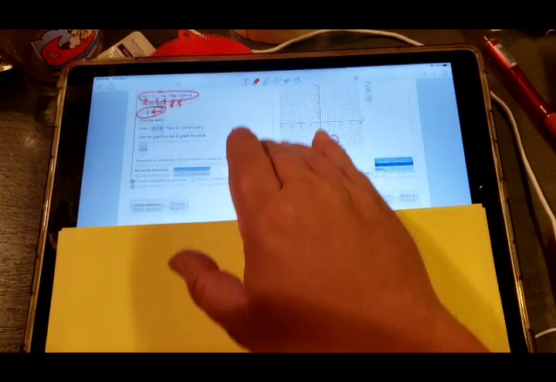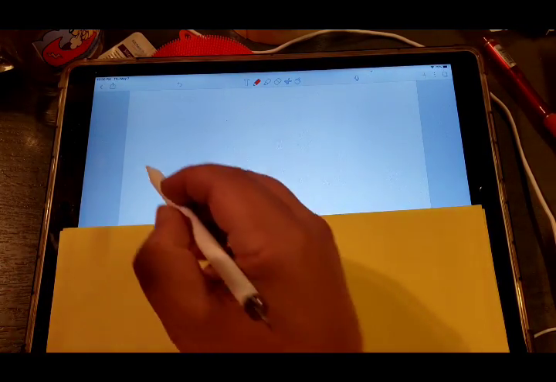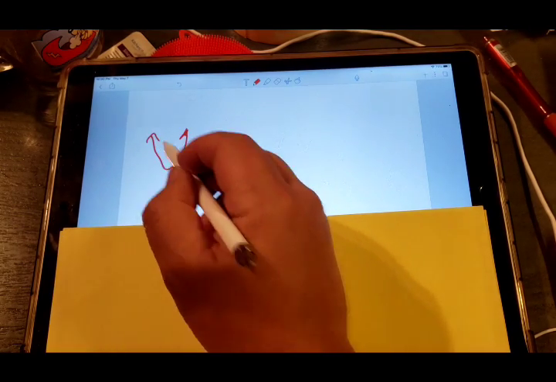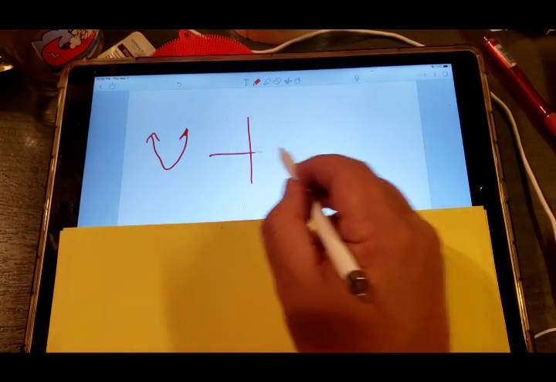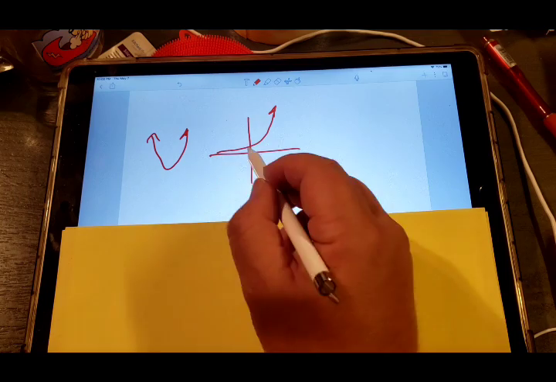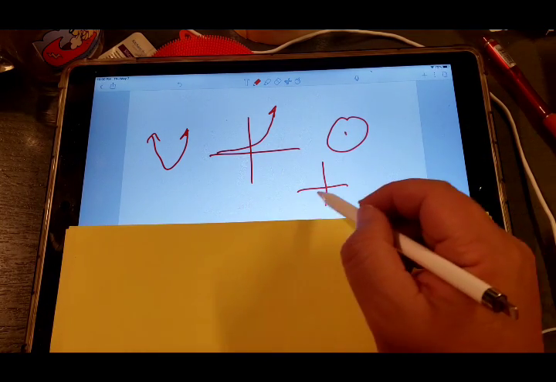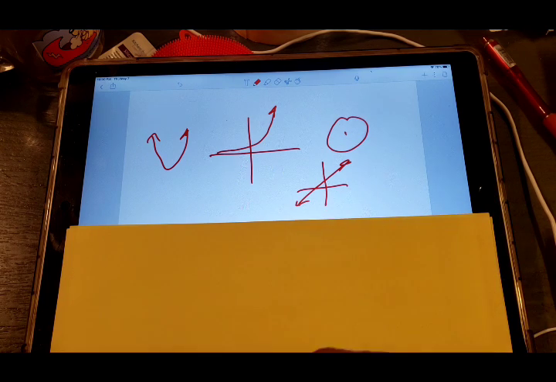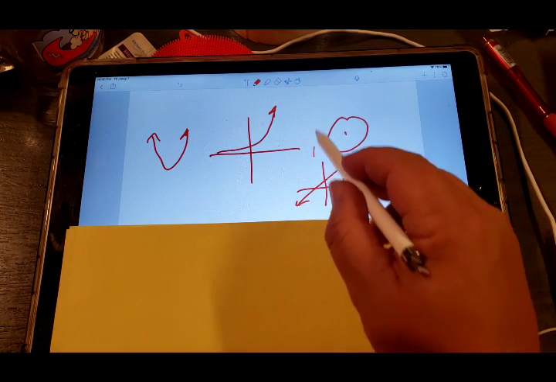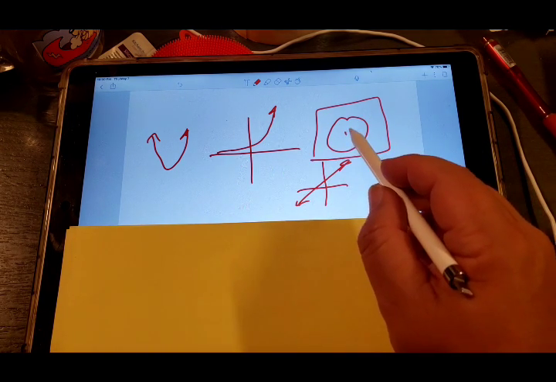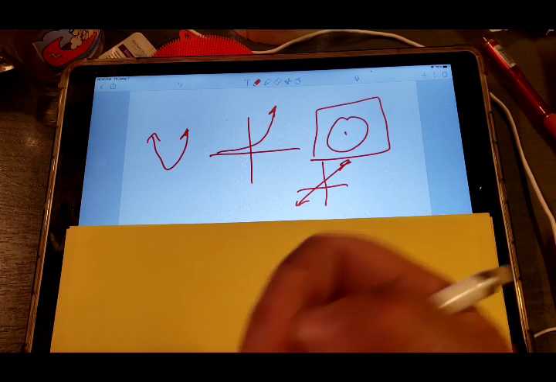One shape is the circle, which I was just talking about, line, parabola, and the exponential shape, right? Circle and line.